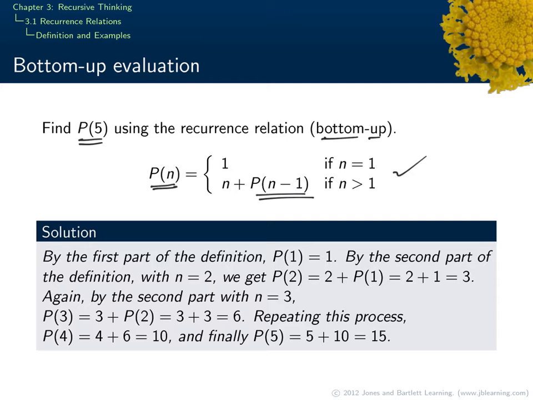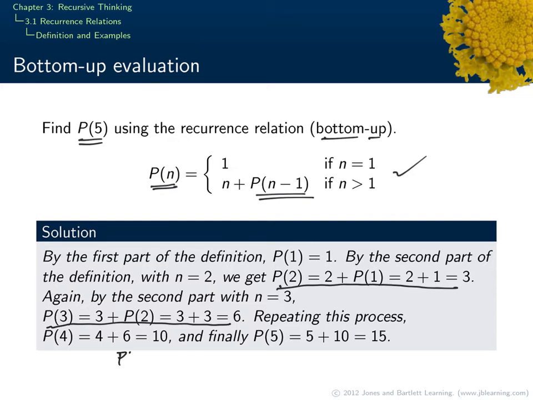So here, as on the previous slide, we know p of 1 is equal to 1. And again, just like we did previously, p of 2 is going to be equal to 3. P of 3 is equal to 6. Now, repeating the process, we get p of 4 is 4 plus p of 3, right?